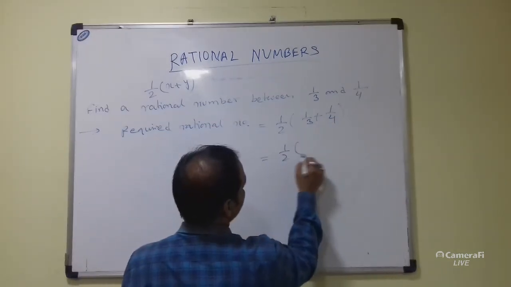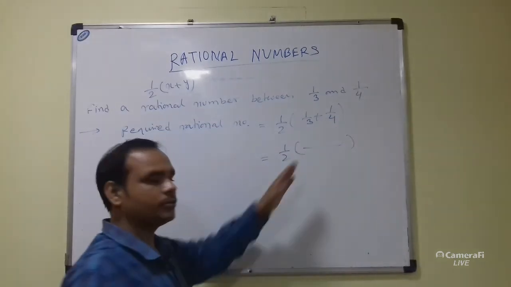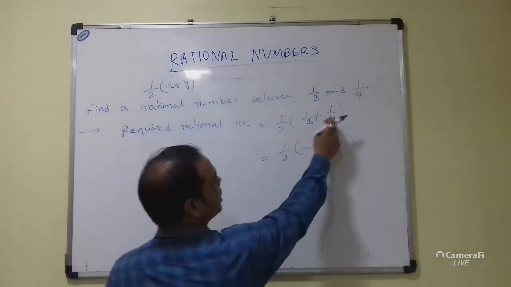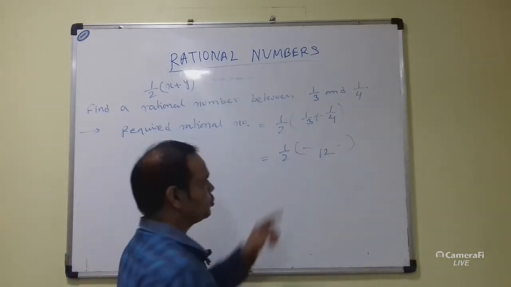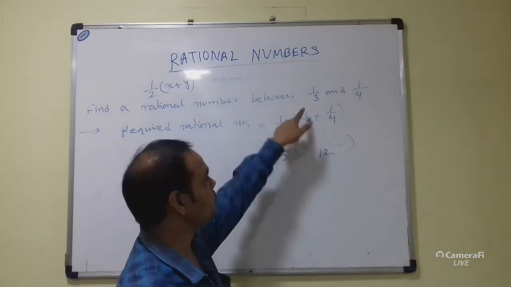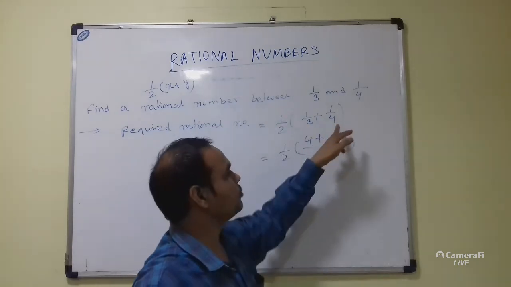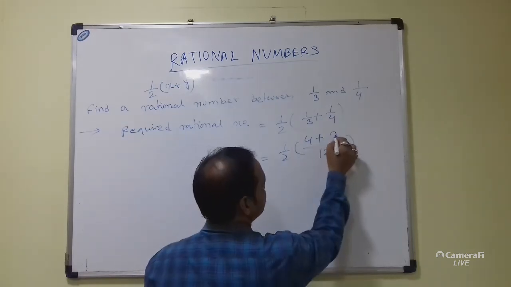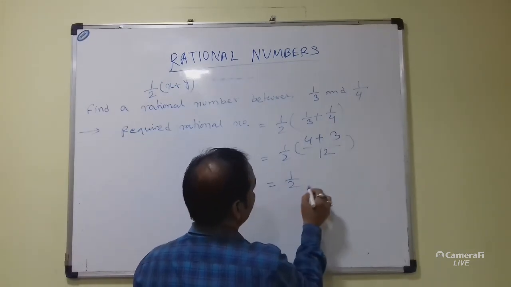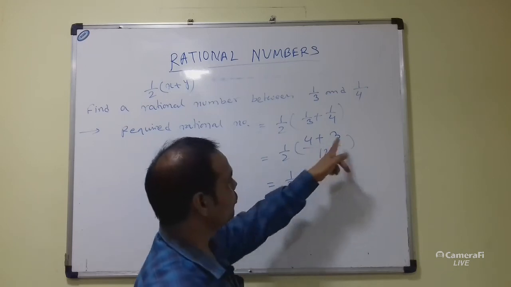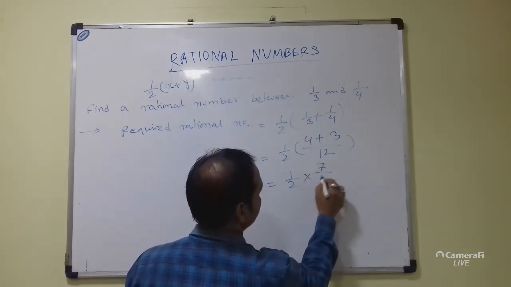So half of, now we have to find the LCM of these two numbers. So LCM of 3 and 4 is 12. So 12 divided by 3 is 4 and 4 multiply 1 is 4. Again 12 divided by 4 is 3 and 3 multiply 1 is 3. So half of 4 plus 3 is 7 by 12.